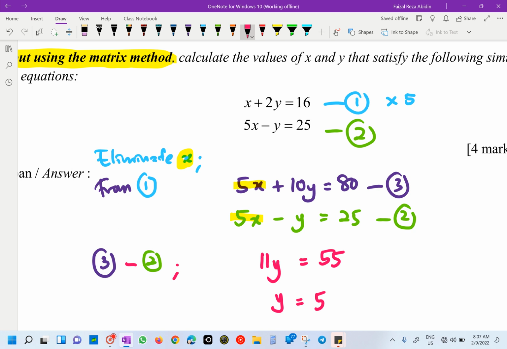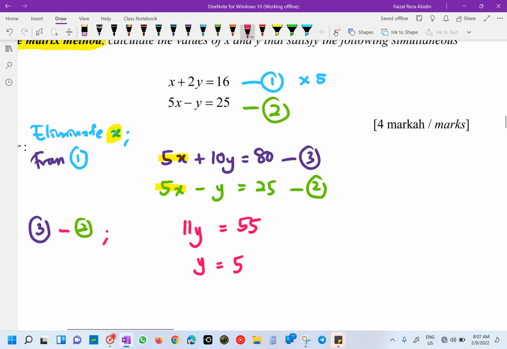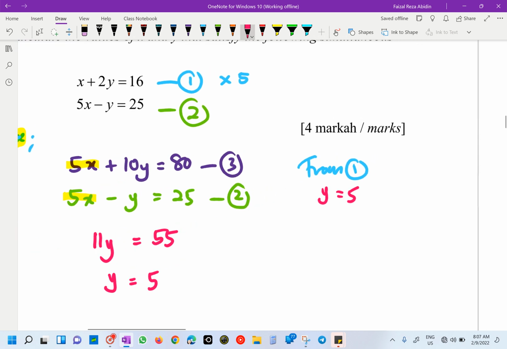When you have the value for y, can we find the value for x? Yes. It's up to you. You want to use first equation, second equation or third equation? I'm using first lah. Senang kan? From the first equation, you are going to substitute y equals 5 into equation 1.